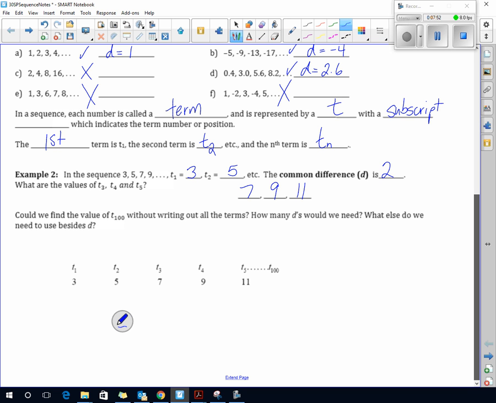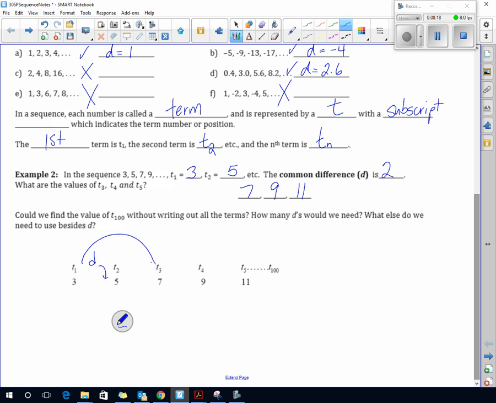So let's see if we can come up with the formula here. If we start with the first term and we add the common difference, we get to the second term. Does everybody see? If we take the first term and go to the third term, how many common differences would we be adding? 2 of them, right?